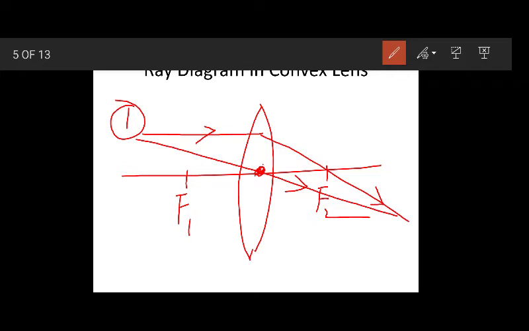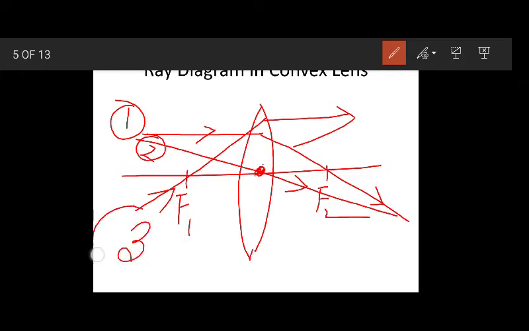That is the number 2 rule. And when light passes through principal focus, just like this, then after refraction it will be parallel to the principal axis. That is the 3 laws.